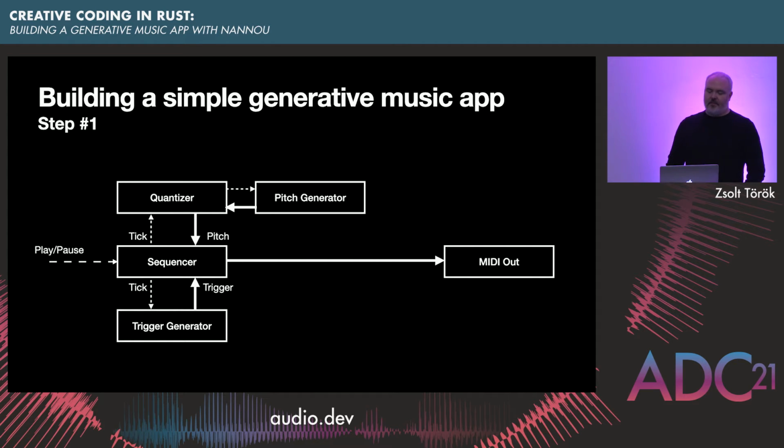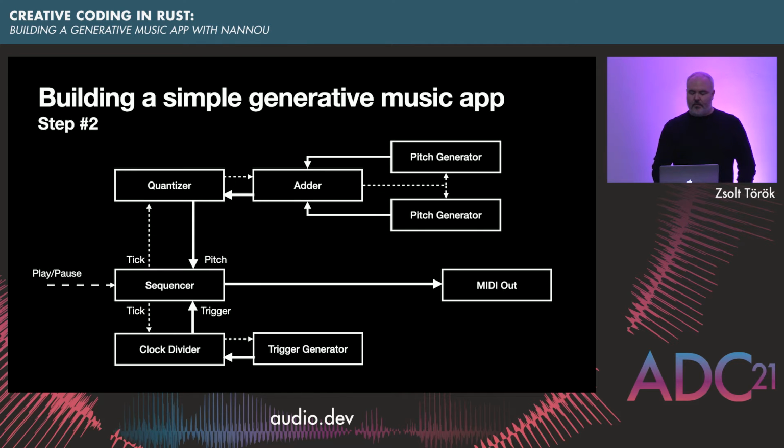Our sequencer also talks to a trigger generator, which will emit triggers with a certain probability. Initially, this will be set to 1, so there will be a trigger on each clock tick. There's also a feature to play and pause the sequencer, and of course, to emit the actual MIDI notes via the MIDI out.